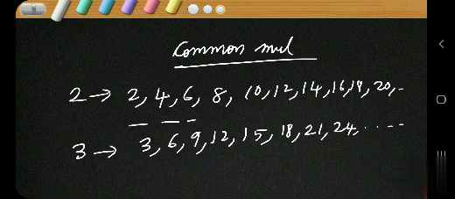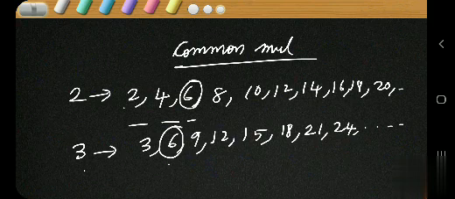Please check carefully. 2 is here, 2 is not here. 4 is here, 4 is not here. So 2 cannot be chosen. No. 6 is here and 6 is here also. So what about 6? 6 is among the multiples of 2 and 6 is among the multiples of 3, isn't it?